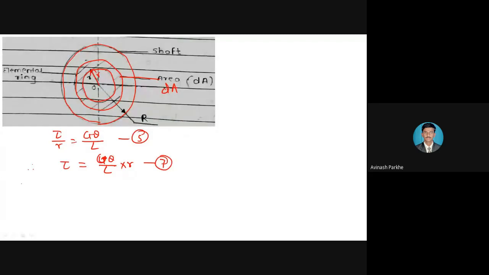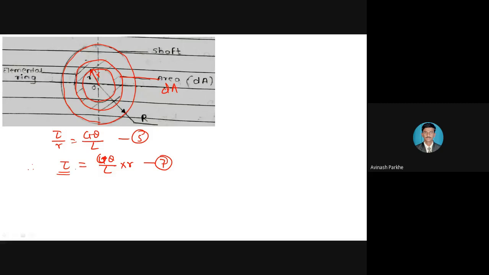Now, if I have to calculate the force on that elemental ring, this tau we have calculated as equation number 7 represents the shear stress induced in the elemental ring, or the shear stress induced in the total shaft.